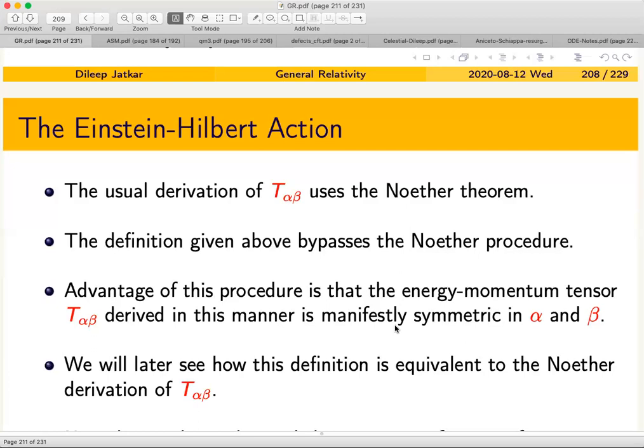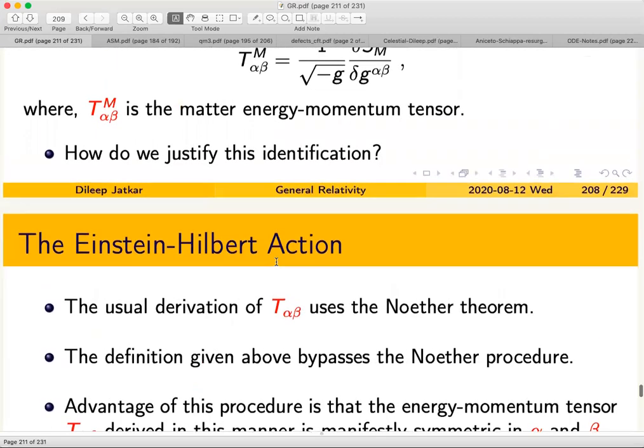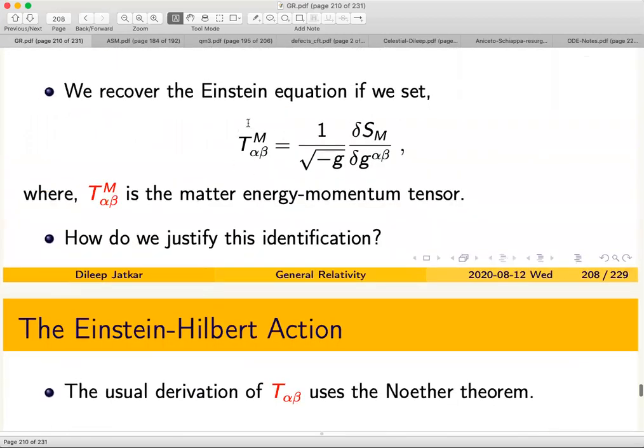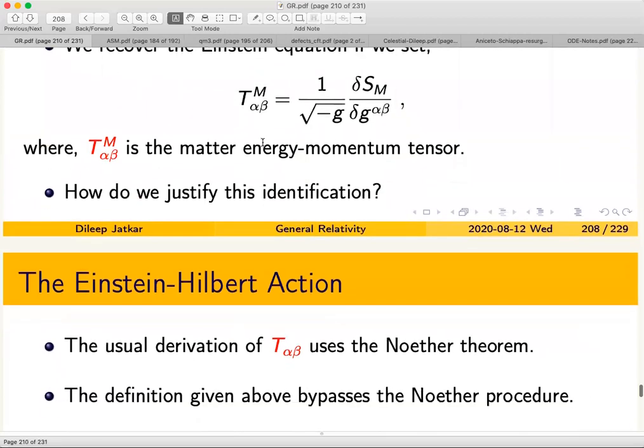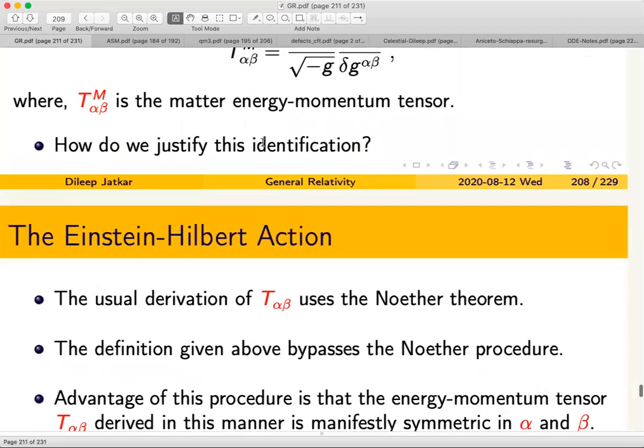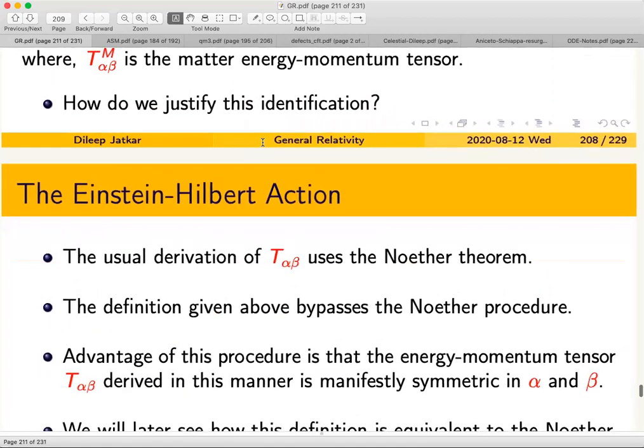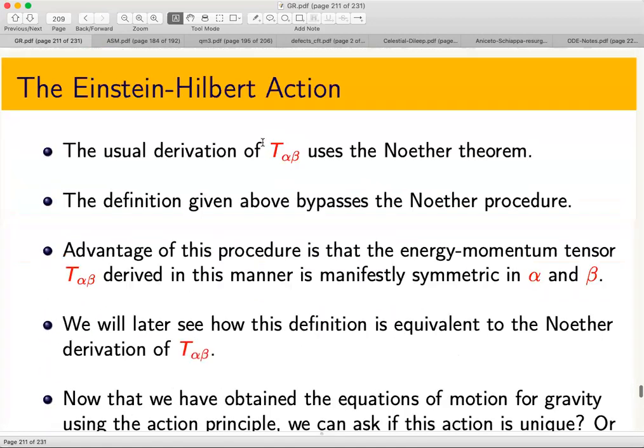Typically this procedure does not give you a symmetric tensor, which is what you would require, and the process that we will use here to write down the matter energy momentum tensor bypasses the Noether procedure completely, but it gives you a manifestly symmetric tensor.